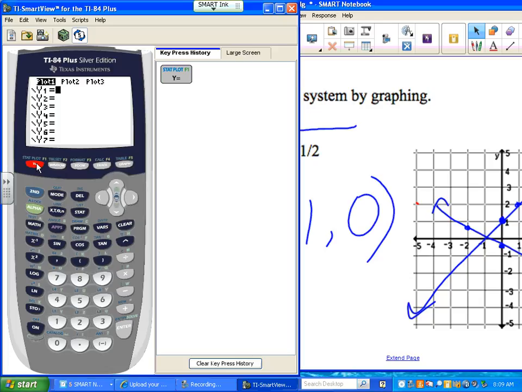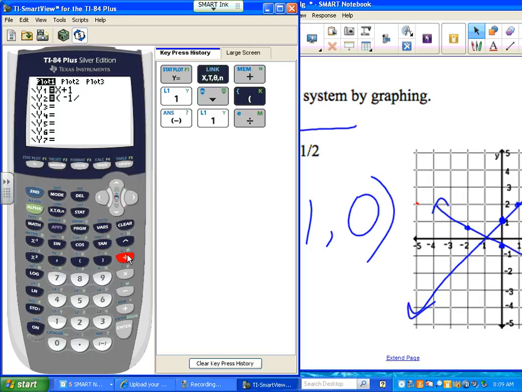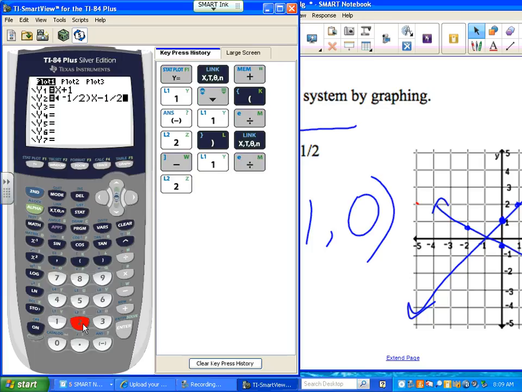Let's type in the first equation: x plus 1. Hit the down arrow. Let's type in the second equation. In parentheses, -1/2, then x minus 1/2.